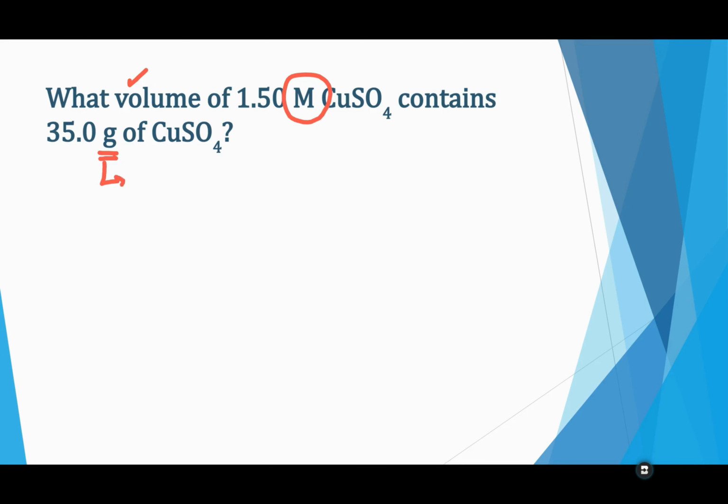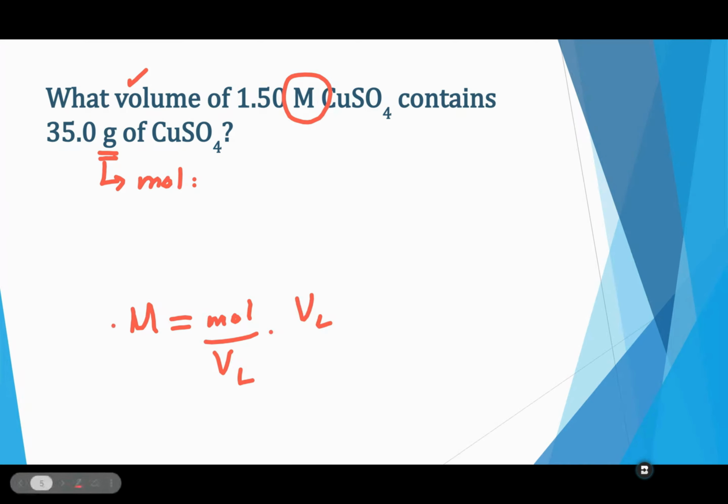So we're going to convert these grams to moles first, because we're going to have molarity equals moles over my volume in liters. So I'm going to multiply both sides by my volume. Then I will eventually divide by my molarity.